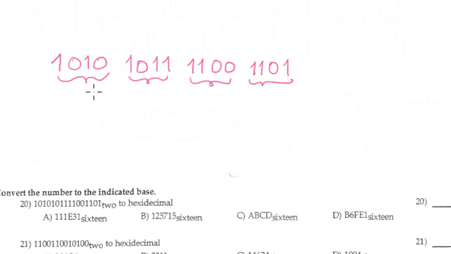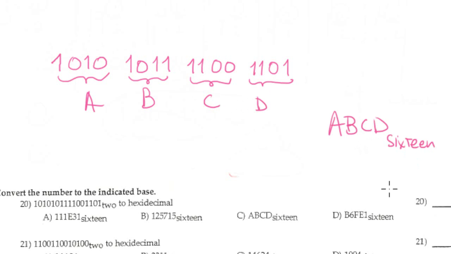And you translate using the table that we have in the book, the symbolic way in hexadecimal. This is A, B, C, and D. And the answer is ABCD in hexadecimal, which is base 16. Okay, corresponding with the option C.